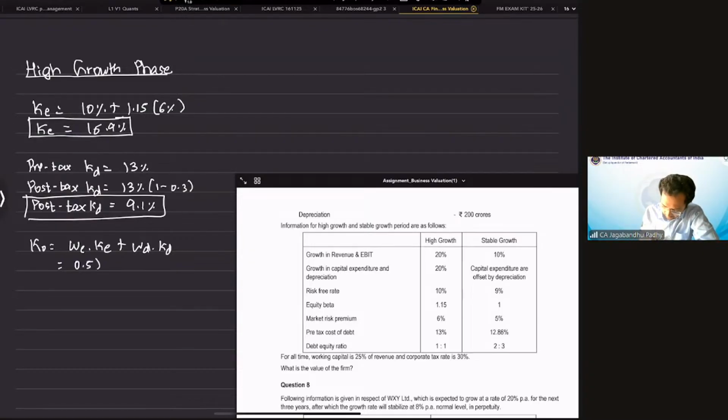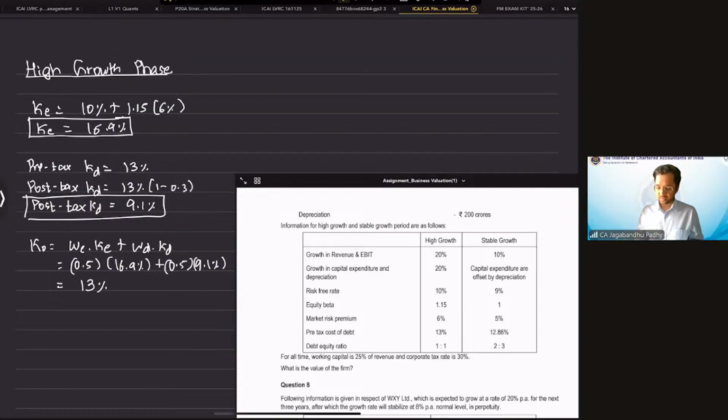So of course, the weightage is going to be 0.5 into 16.9% plus 0.5 into 9.1%. So what's the total? 13%.